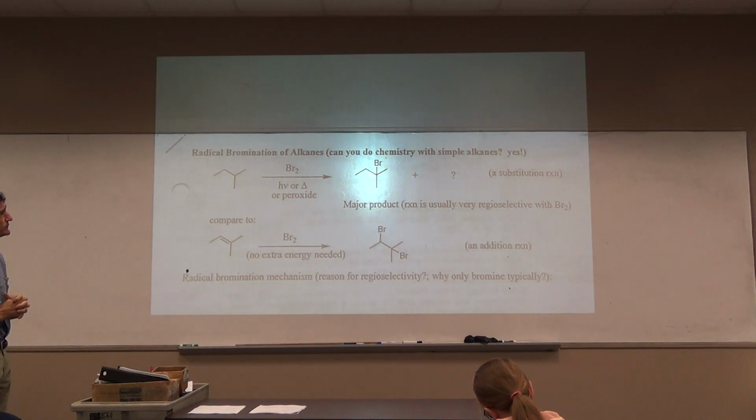But it is a substitution reaction. By the way, what else is going to be formed in this reaction if we balance it out? HBr. Yes, that's the fate of the H and the other bromine. It will form HBr. If you do this reaction, it'll start giving off a gas. You can actually see it because it'll be vapor. And if you hold pH paper on it, it'll turn it red. It's HBr.